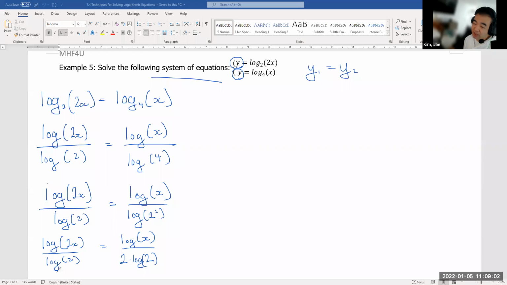And then notice that log of 2 is a number. It's 10 to the power of something gives you a 2. It's going to be a 0 point something. But whatever that number is, I can divide both sides out of it.